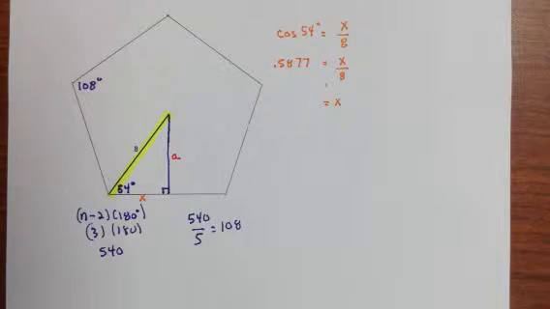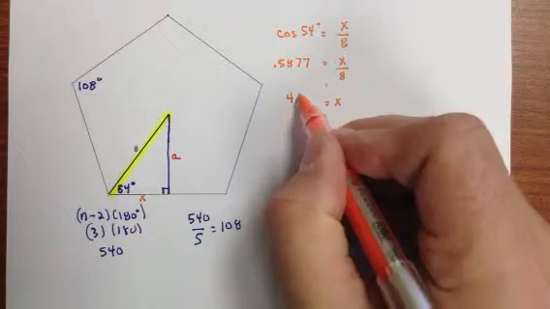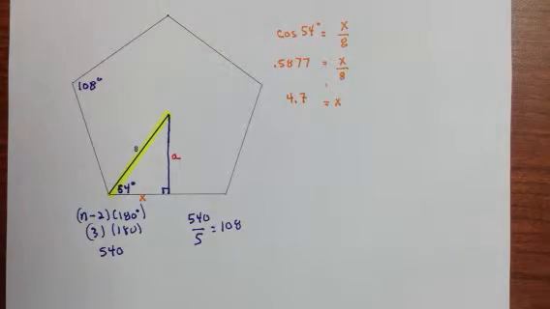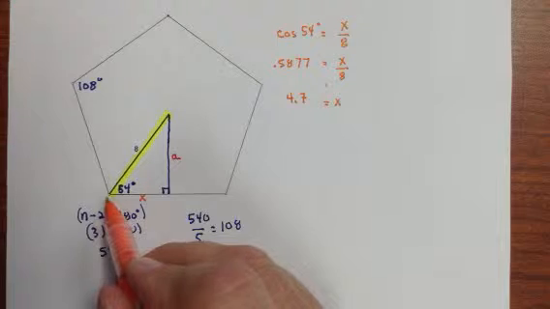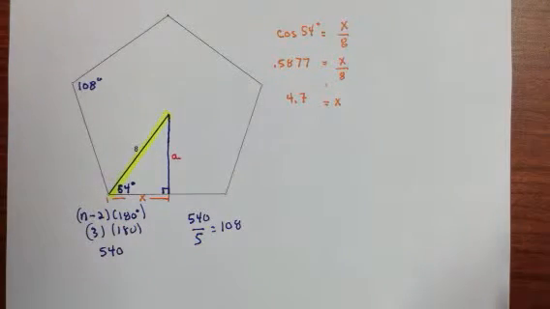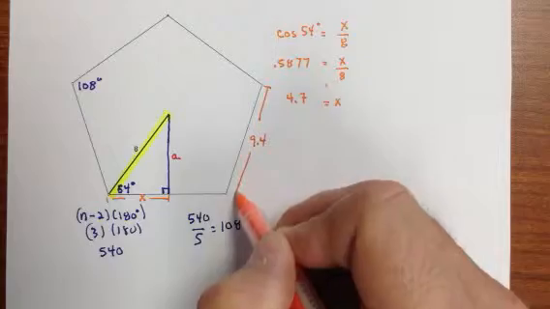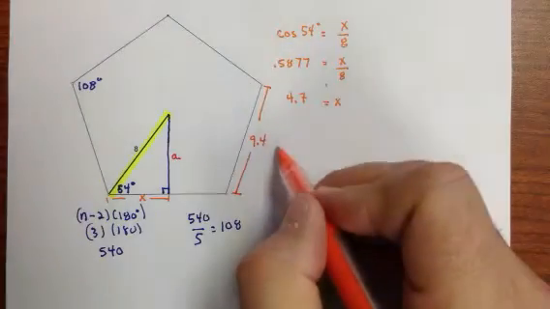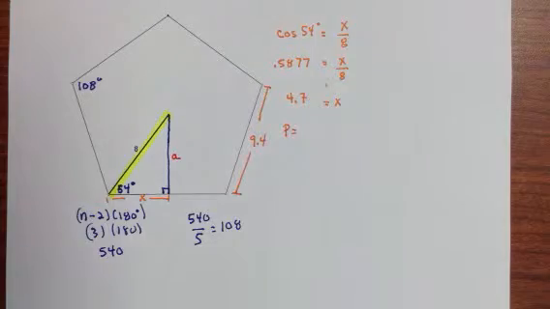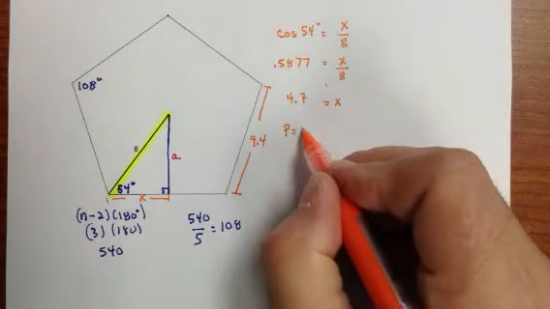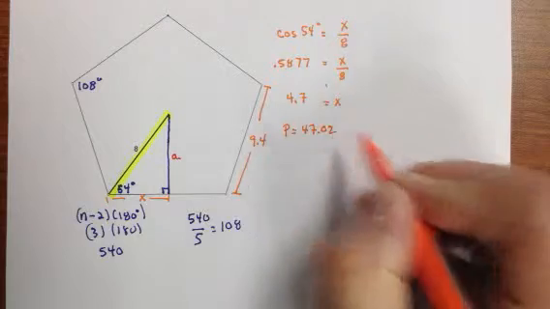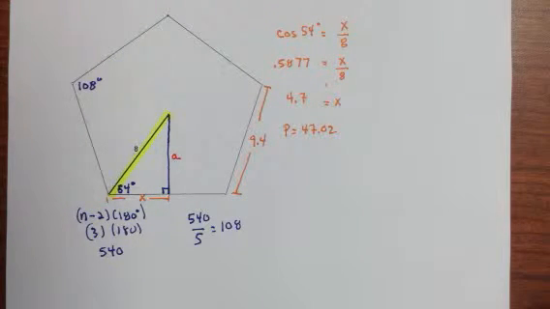That is a very sad situation if that doesn't happen. Multiply both sides by 8, and I get about 4.7. So if X is 4.7, then the length of one of the sides is 9.4. So therefore, the perimeter is going to be 9.4 times 5, or 47.02. If you did 47, I'm okay with that.